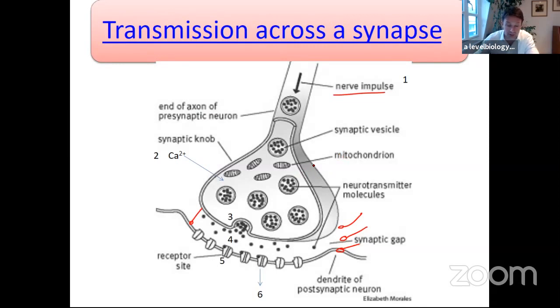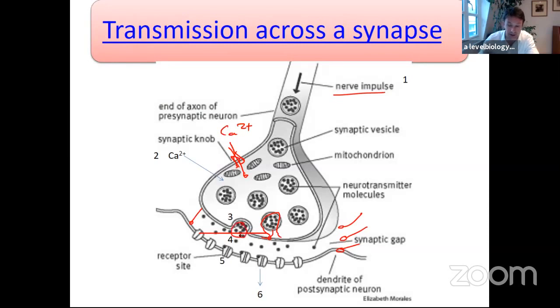Then you've got some voltage-gated calcium channels. These calcium channels open as a result of the arrival of the action potential, and that allows calcium ions in down the concentration gradient. That causes vesicles, which are spheres of cell membrane, to be dragged to the presynaptic membrane, where they join with it in a process of exocytosis.